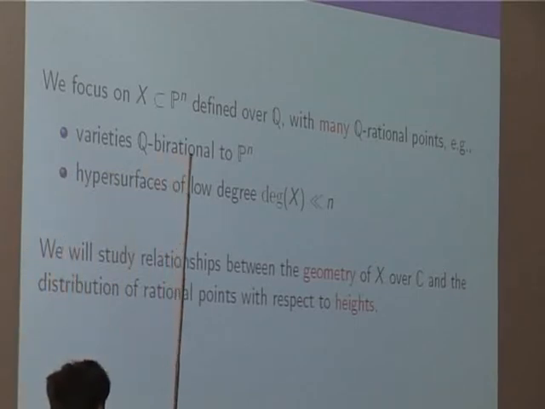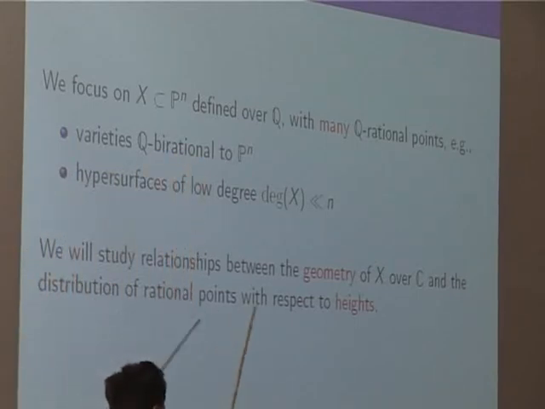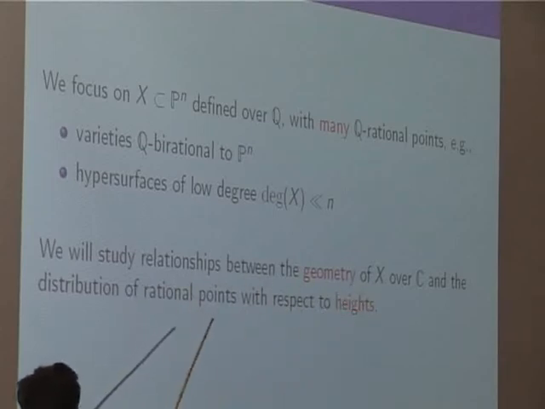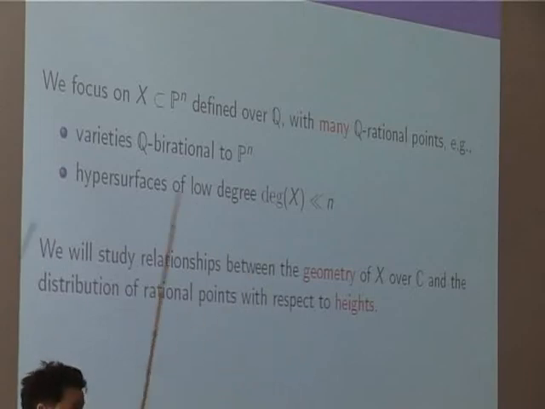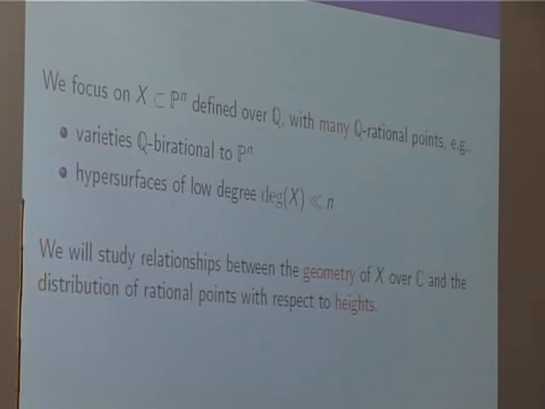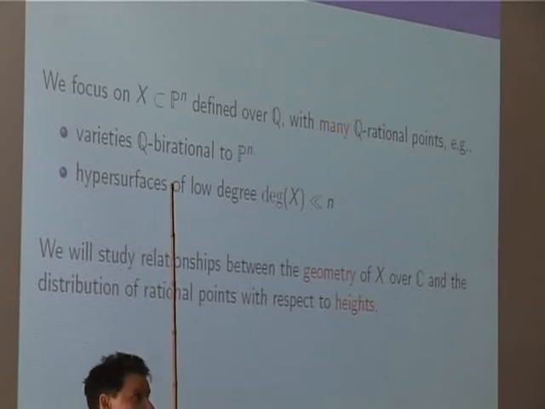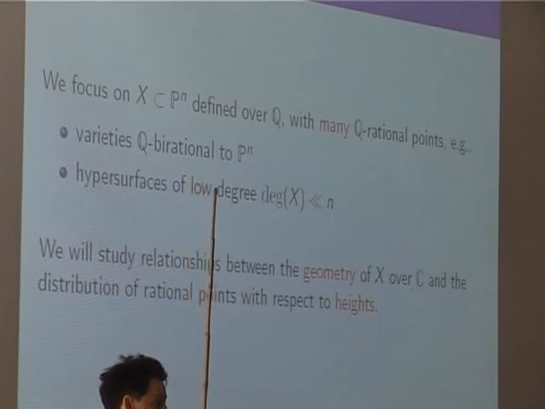And so our goal is to study relationships between the geometry of the variety over the complex numbers and the distribution of rational points with respect to heights, that's maximum coordinates. And other courses in the school will look at, as I said, other fields. So the whole last week, the fourth week, almost exclusively will be devoted to positive characteristic, finite fields, and the special effects happening in positive characteristic.